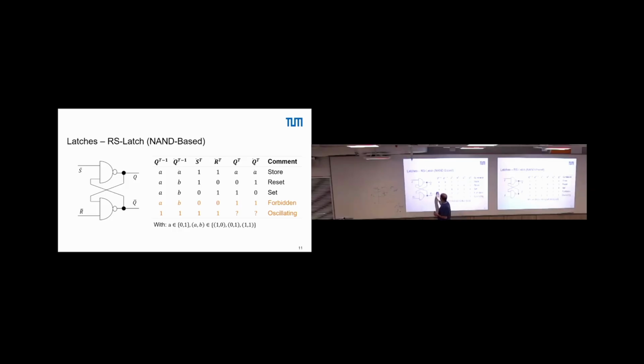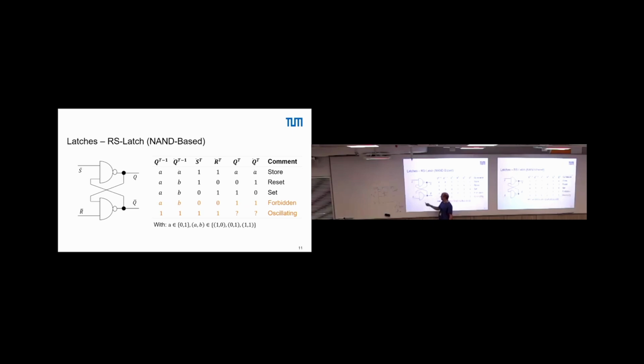Now we have another state. Namely, it does not make logical sense to have this, but it can happen just because of runtime differences in our circuit. We have a case where S and R are both 0. Okay? What happens?